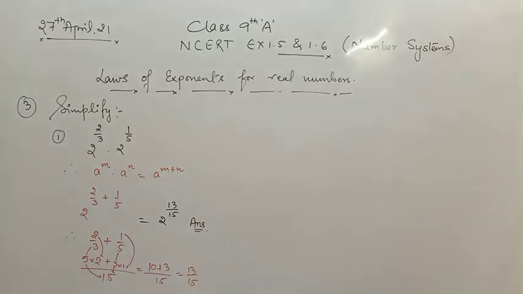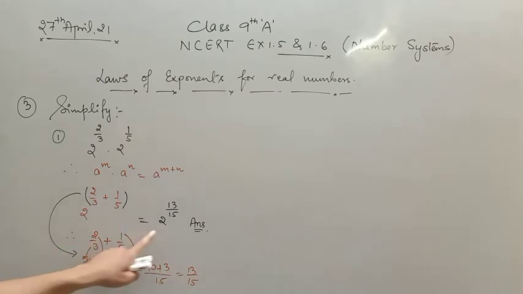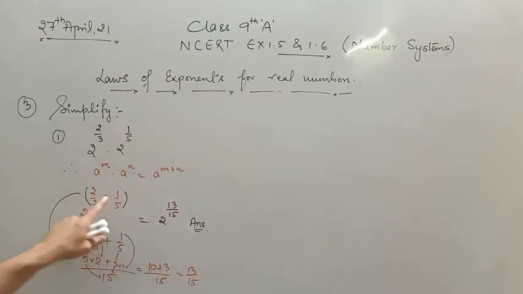Please note it down fast. This calculation I just did here separately for your convenience. So 2 by 3 plus 1 by 5, I solved here and the result is 13 upon 15. So I simply write 2 to the power 13 upon 15 after solving this part.